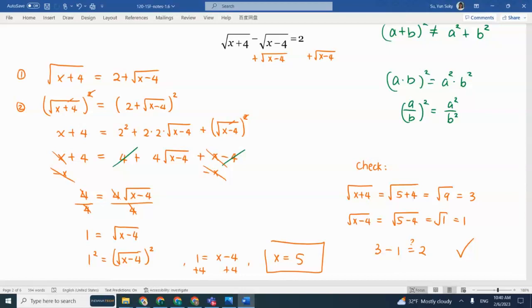Add the 2 to the 1. 2 plus this one? Yeah, 2 plus that. So if you make it, it'll be 1 plus 2. You mean plug x equals 5 into this equation?